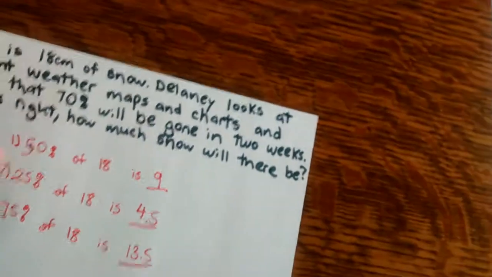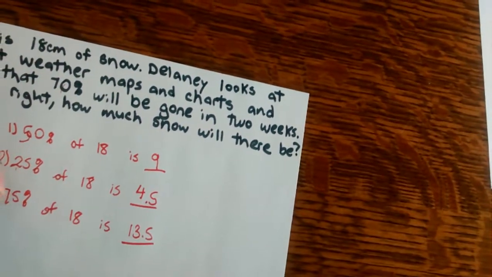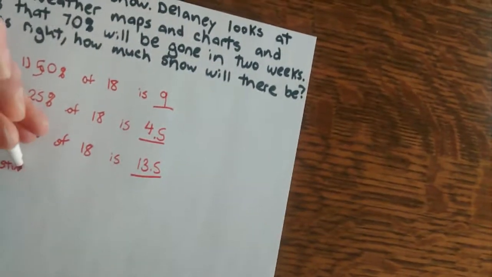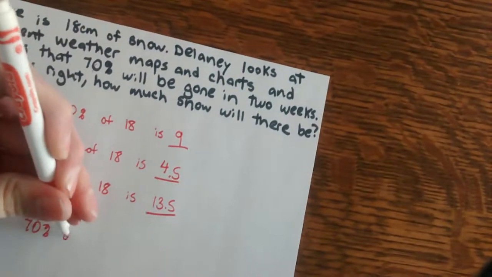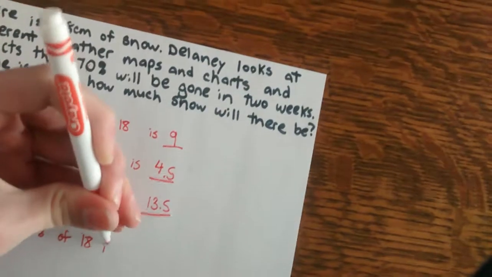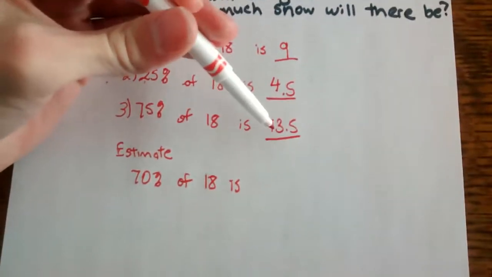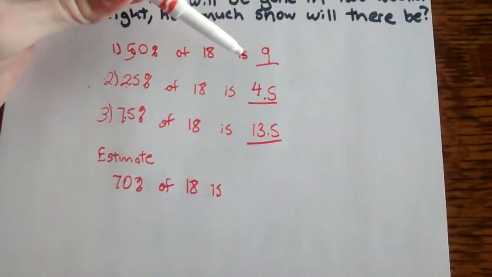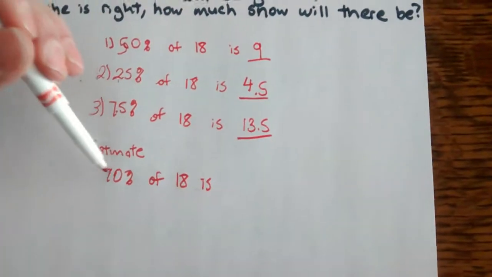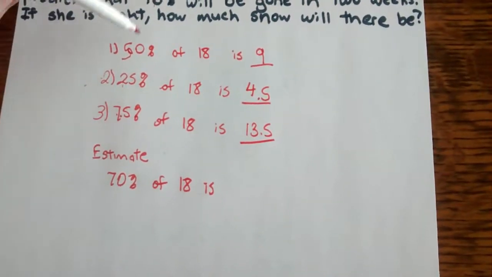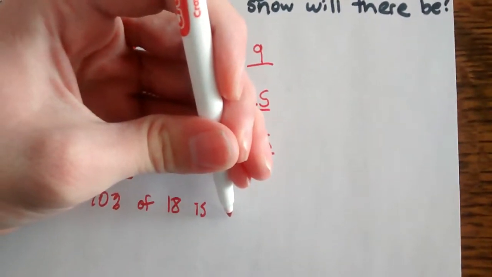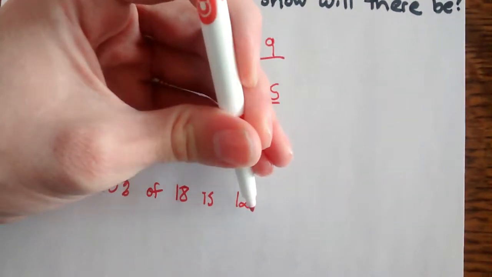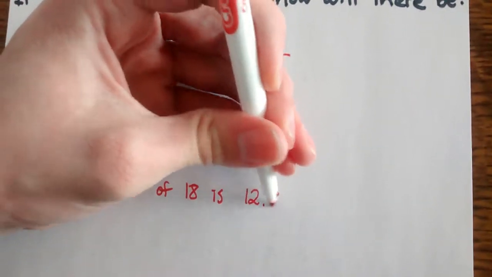So if I had to make my guess right now, my estimate: 70% of 18 is, it's going to be less than 13.5 because that's 75, but it's going to be more than 9. I'm also going to say it's going to be closer to this because 70% is obviously closer to 75 than it is to 50. So I'm going to guess 12.8.